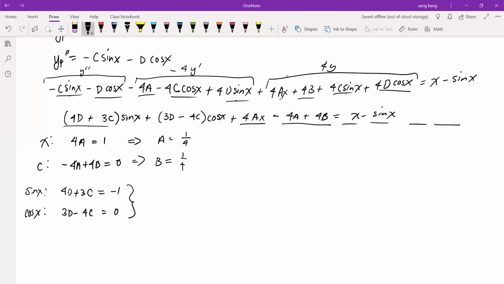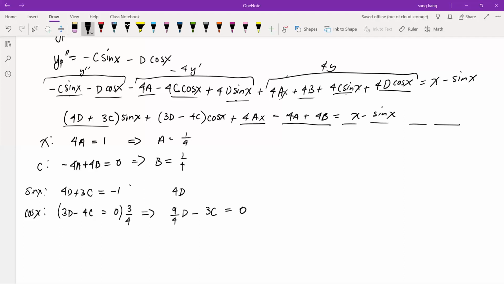So what can we do here? I can multiply the bottom equation by 3/4. So this will give me 9/4 d minus 3c equals 0.